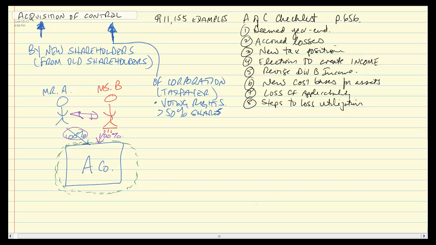But from the tax reporting point of view, what has happened in A Co? Nothing. There has been no taxable transaction going on here.